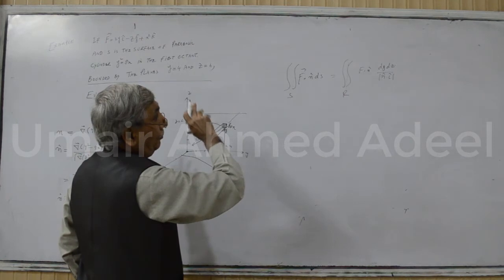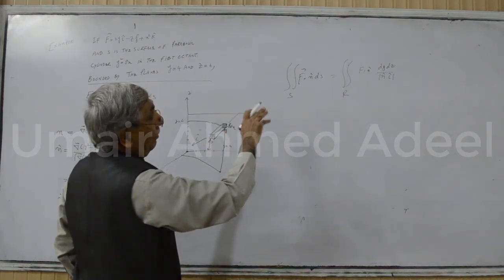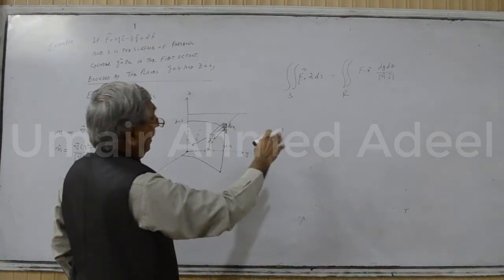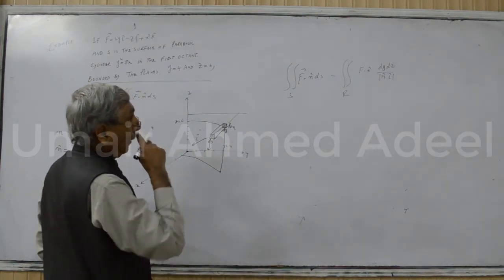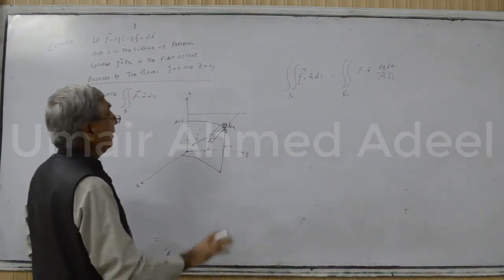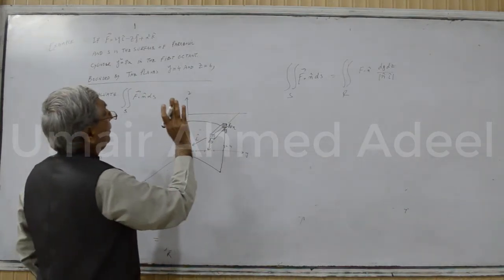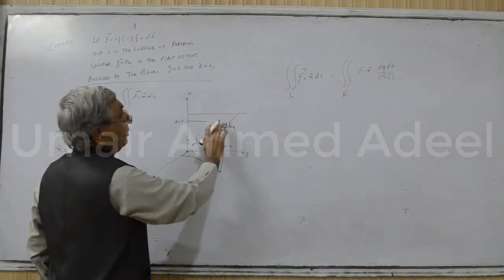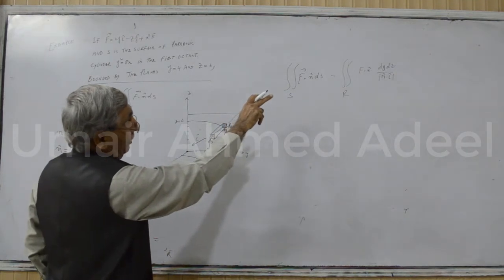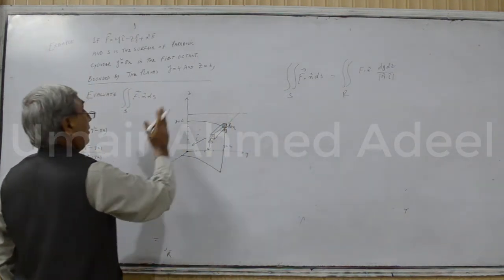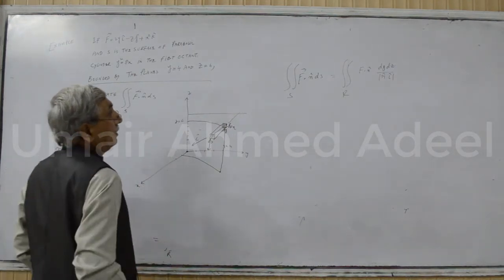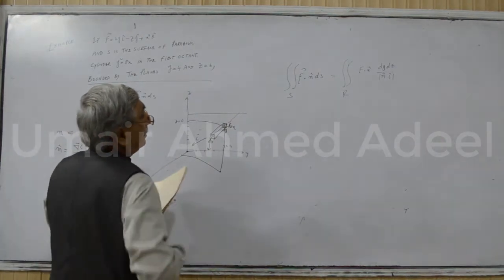In the first example, we did it with dx dy divided by n dot k, because we projected in the z equal to 0 plane. In the second example, we have projected everything in the x equal to 0 plane, and you have dy dz over n dot i.